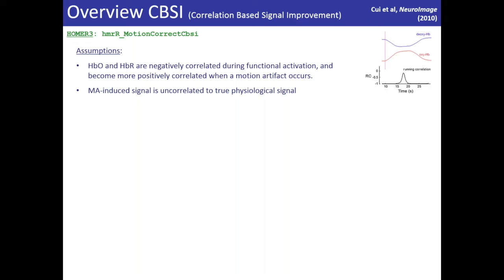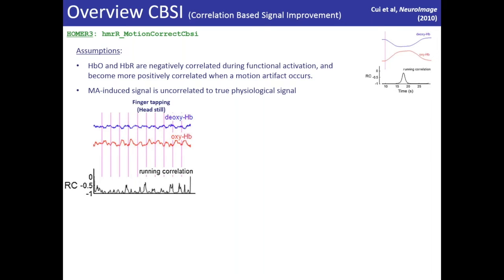The first assumption is that oxy and deoxyhemoglobin are negatively correlated during functional activation and become more positively correlated when a motion artifact occurs. And the second assumption is that motion artifact induced signal is uncorrelated to true physiological signal.